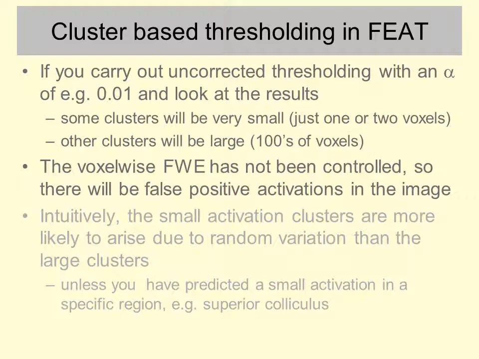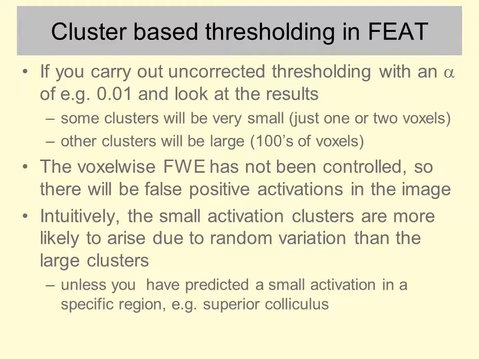But cluster thresholding takes advantage of something which intuitively is easy to understand, which is that those very small activation clusters are much more likely to have arisen due to the noise in the data happening to look like the shape of one of your regressors over time than the large clusters are. It's very unlikely, isn't it, that a lot of voxels will independently all happen to be false positives and happen to be adjacent to each other in the image to form a big blob. Those random activations are much more likely to be isolated.